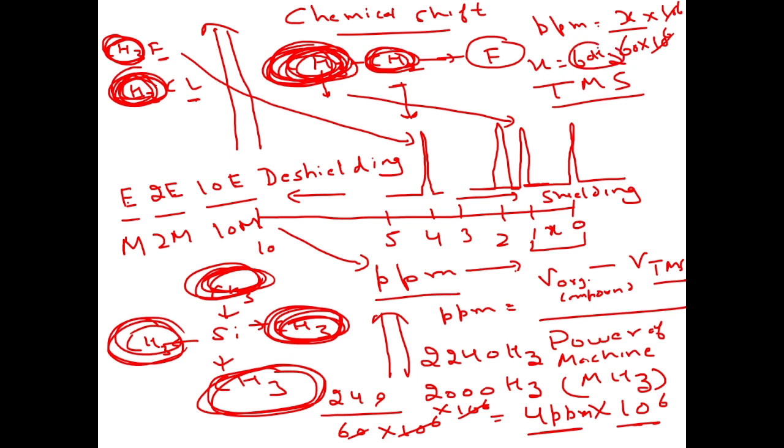Okay, so 1 ppm will equal 60 hertz when the power of machine is 60 megahertz. If the power of machine is 100 megahertz, then that 1 ppm gap will be equal to 100 hertz. If your power of the machine is 150 megahertz, then your 1 ppm will be equal to 150 hertz.